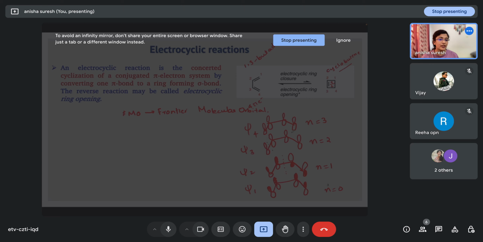According to symmetry, we will consider the nodes at these positions. Since there is no node here, the lobes will be of the same sign, and here will be this. And in case of Psi 4, it will have three nodes, so between each bond there will be a node.